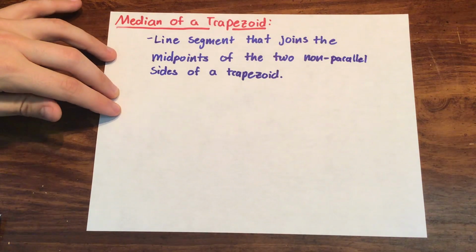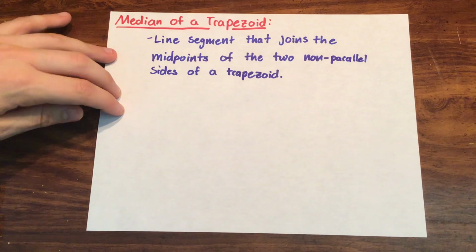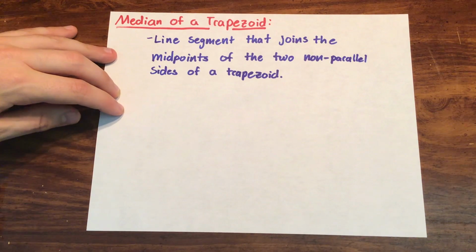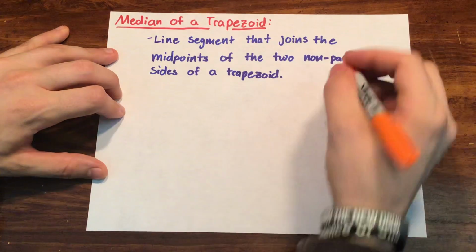The median of a trapezoid is the line segment that joins the midpoints of the two non-parallel sides of a trapezoid.